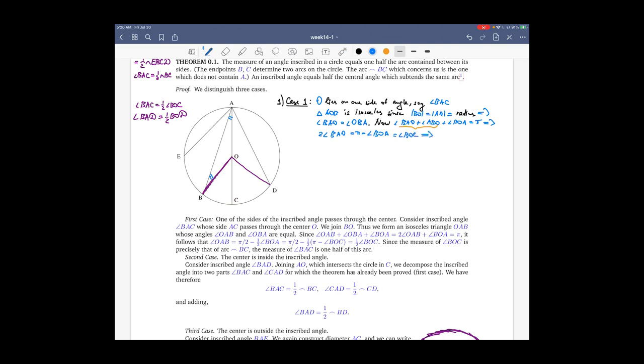So from here, if we divide this by 2, the angle BAO, which is the same as BAC, is 1/2 the angle BOC, which is of course 1/2 the arc BC. And this finishes the proof of the first case. The angle BAC is half the angle BOC.